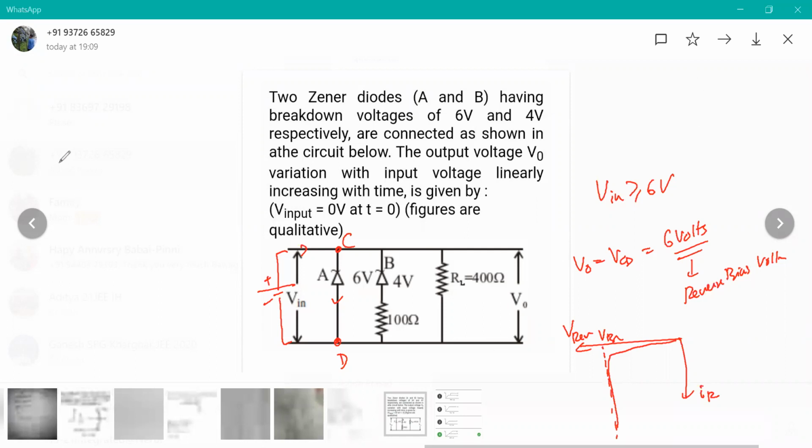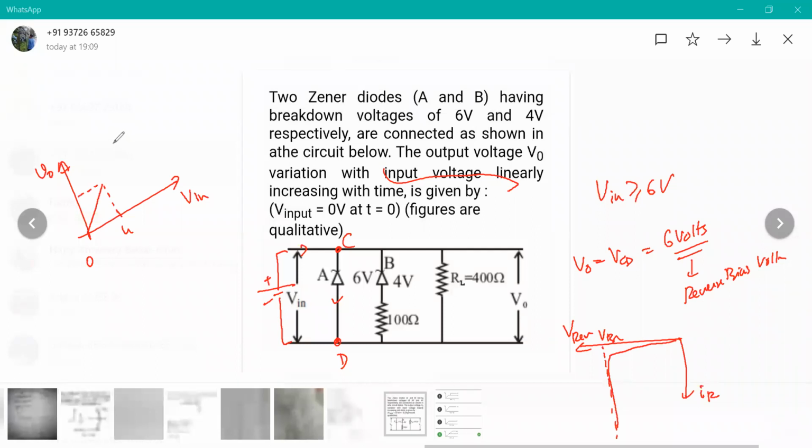So now if I look at your output voltage versus input voltage. The input voltage is varying linearly with time, so whether I look at input voltage or at time is one and the same thing. Till this is 4 volts, this should be equal to input.